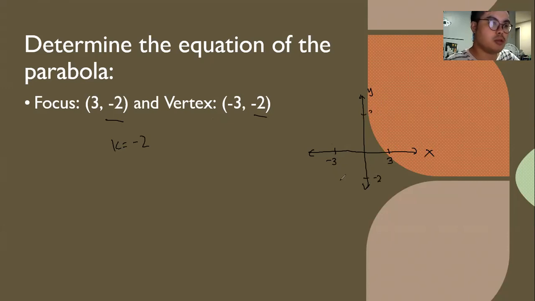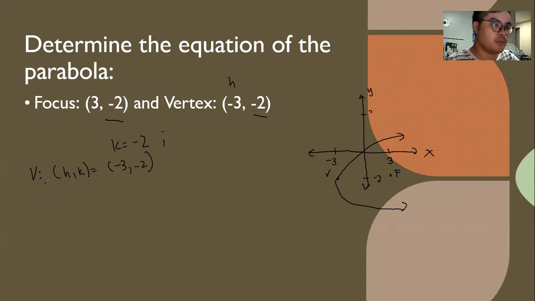Okay, so ito yung focus natin, tapos ito yung vertex natin. So we can say that it's still a horizontal parabola. Then our h from the vertex is negative 3. So h and k is equal to negative 3 and negative 2.